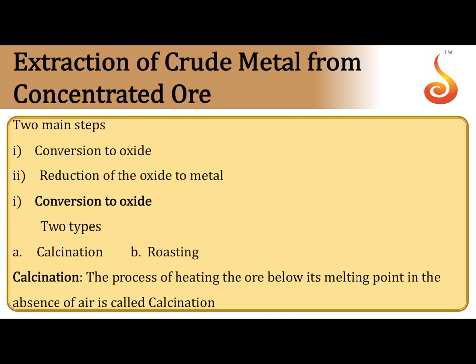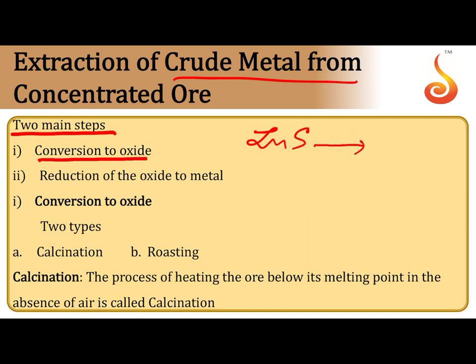Extraction of crude metal, raw metal, from concentrated ore. There are two steps. First, conversion into oxide, because from oxide ore it is easy to extract the metal by the reduction process. That is why, even though it is in the form of sulfide ore, suppose zinc sulfide, it is first converted into zinc oxide by roasting.